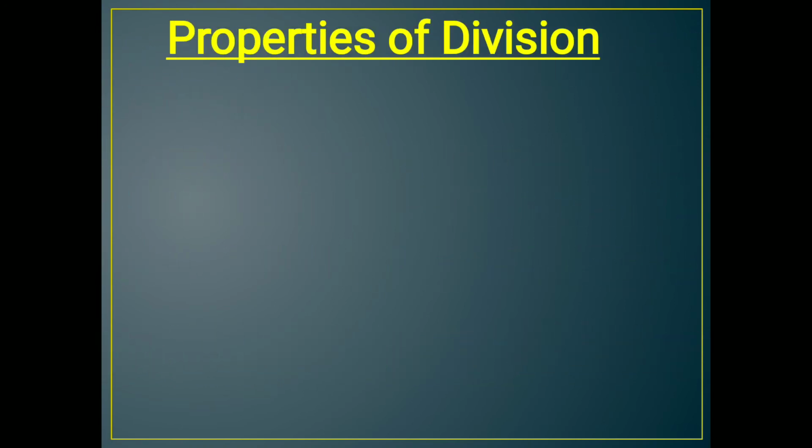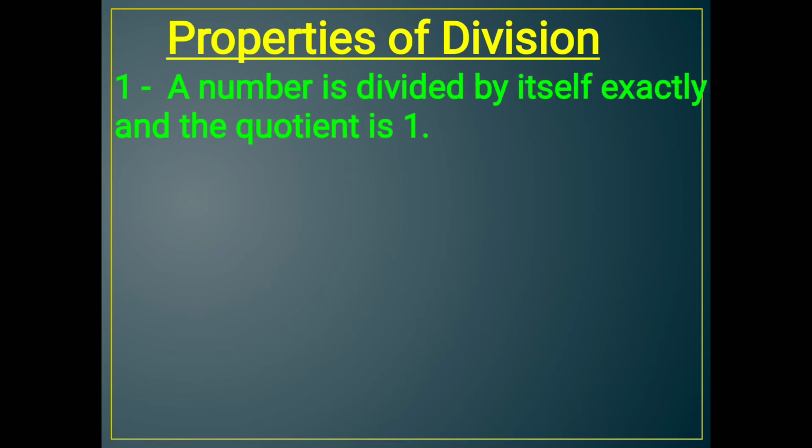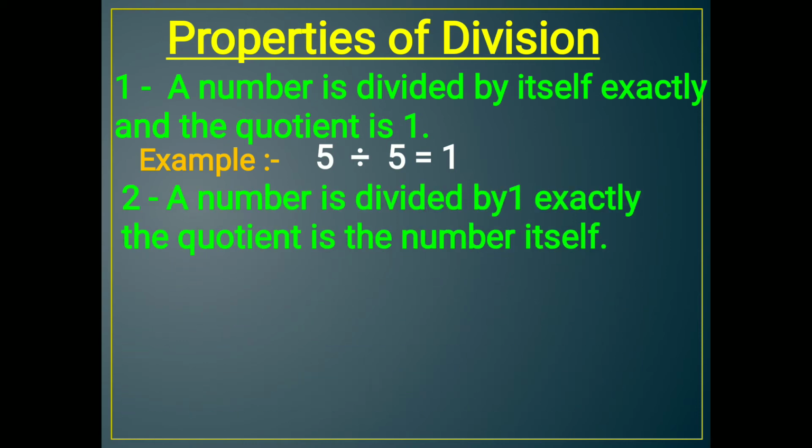Now, next is properties of division. So, the first property is when a number is divided by itself exactly, then the quotient is 1. For example, when we divide 5 by 5, we get answer 1. It means the quotient is 1. Now, the second property is when a number is divided by 1 exactly, the quotient is the number itself.